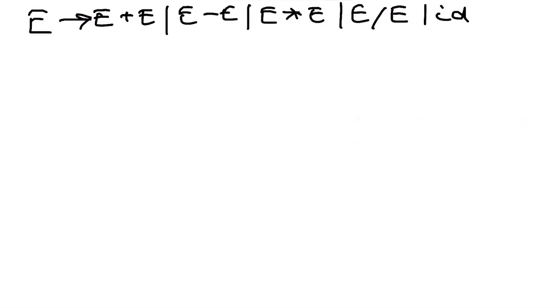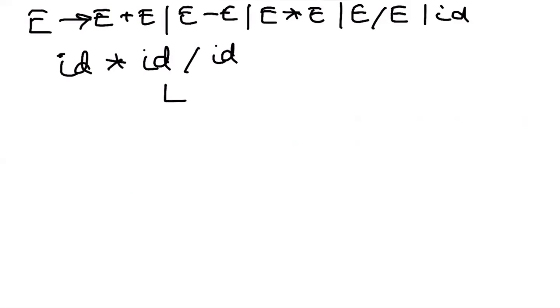So here, suppose I have a string of this type. Okay, ID into ID divided by ID. So I want to have a derivation, or I want to create a parse tree for this string. So let me draw a parse tree for this.